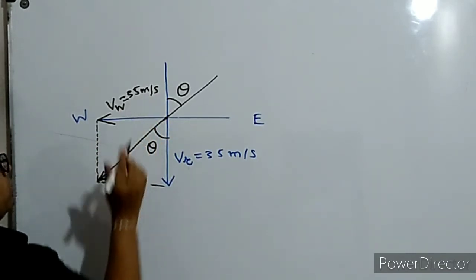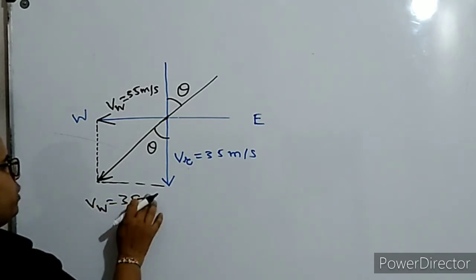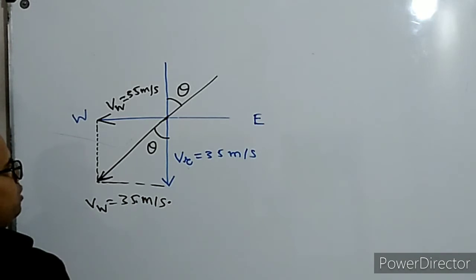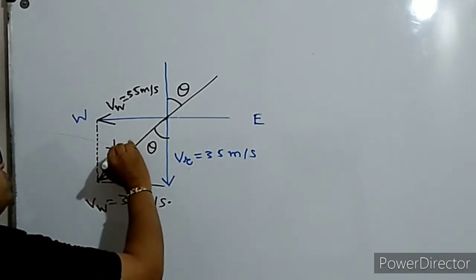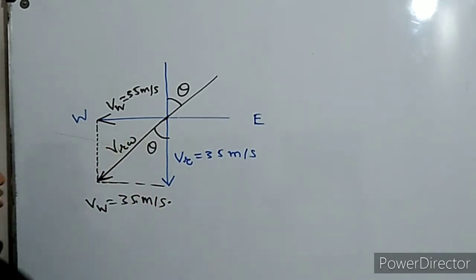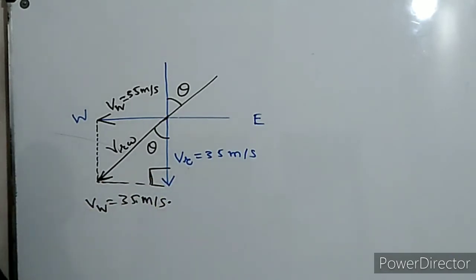This is VW, and we have to find the velocity of the rain with respect to wind. This is what we have to find. It is obvious that it is a 90-degree angle.